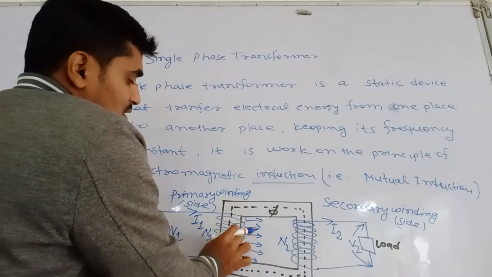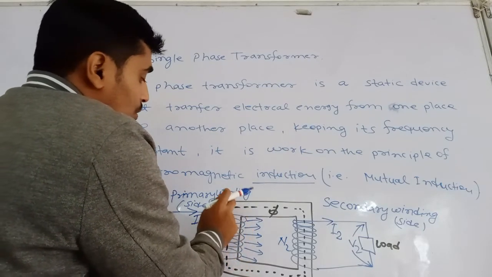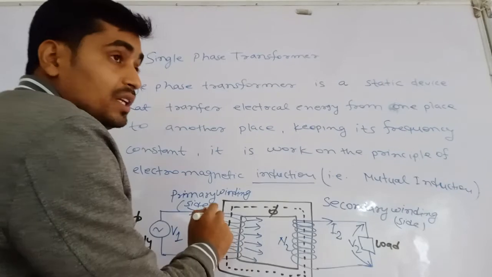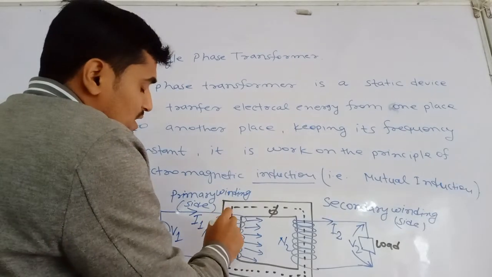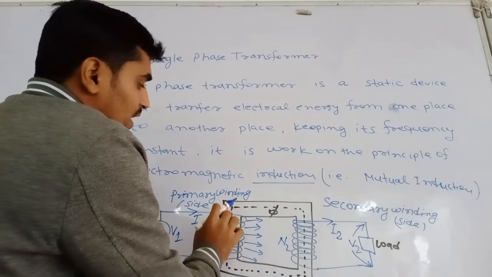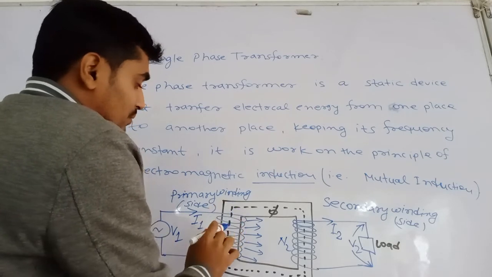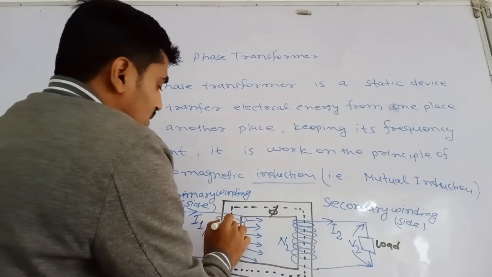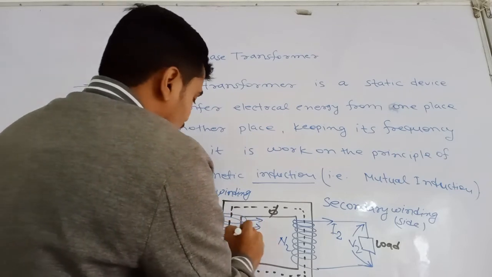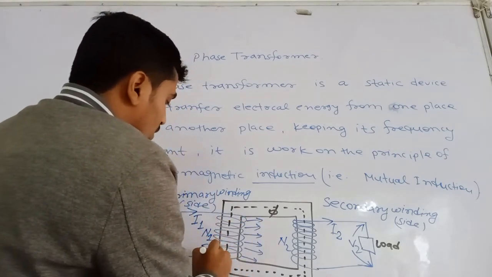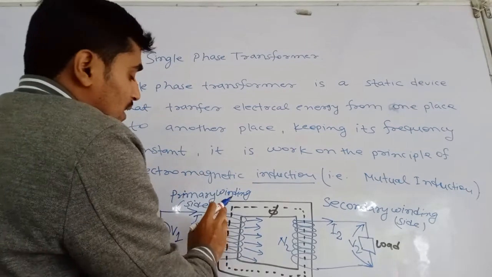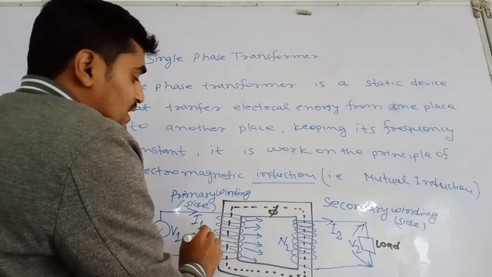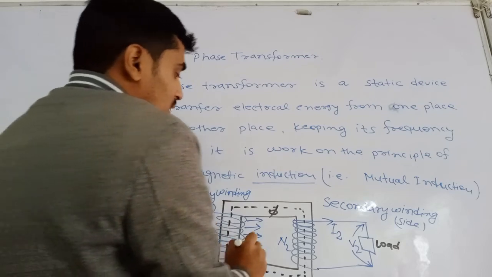The number of turns in the primary winding produces its own potential or voltage, which is known as EMF. This EMF is known as E1, which is produced in the turns of the primary side.